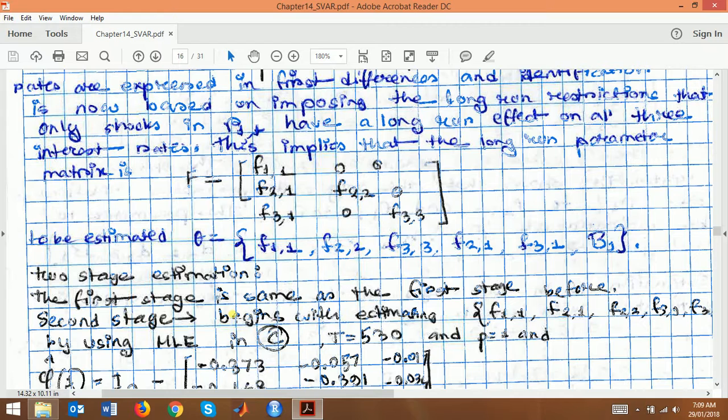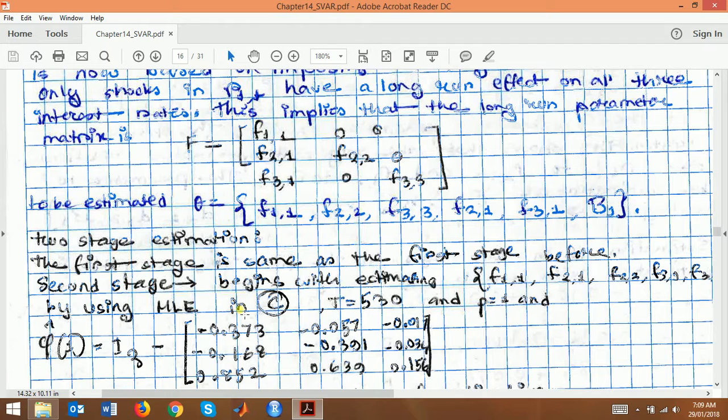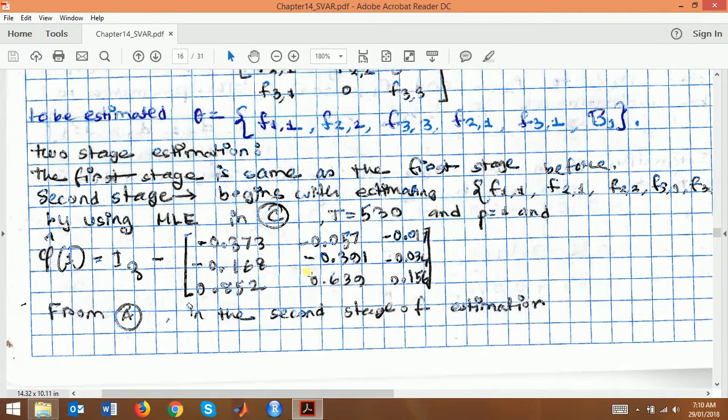According to VAR, each equation is estimated with OLS separately, and we have beta naught and D elements. So we do that, and we have phi 1. Phi 1 is I3, the identity matrix, minus something. So the first stage is the same as before, and now we are talking about the second stage.